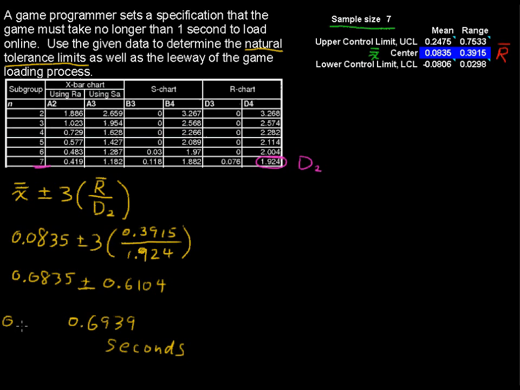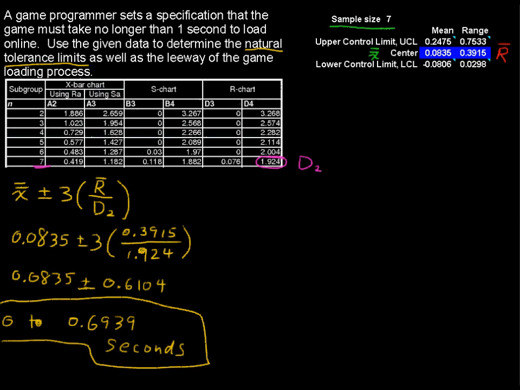And a lower would be 0, of course, 0 up to this 0.6939 seconds. So that looks pretty good. If we want to stay less than 1 second, it looks good there.